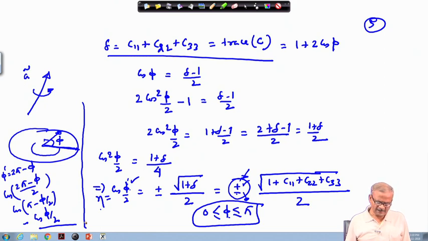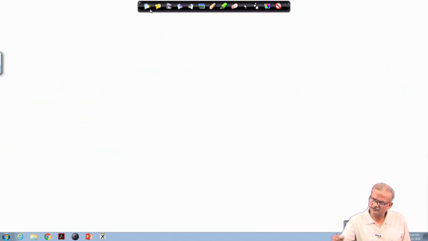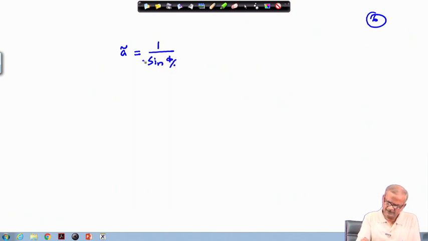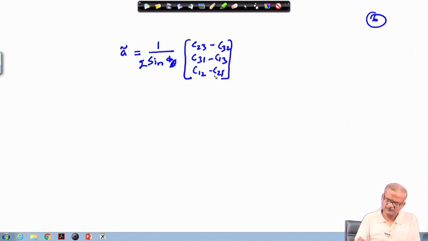Okay. And the last part remaining is getting epsilon 1, epsilon 2, epsilon 3. We already know that A tilde we can write as 1 by 2 sin phi, and then we have written it in terms of the C 1, C 2, etc., which we derived earlier.